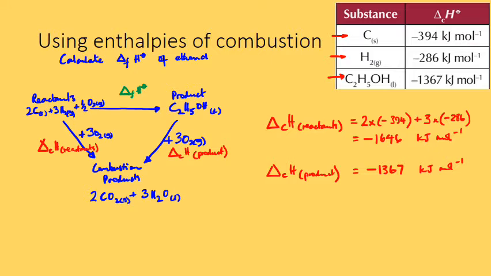For the sake of completeness, let's write those numbers in here: minus 1646 in there, and minus 1,367 in there. Okay, and that leaves us able to work out our answer.